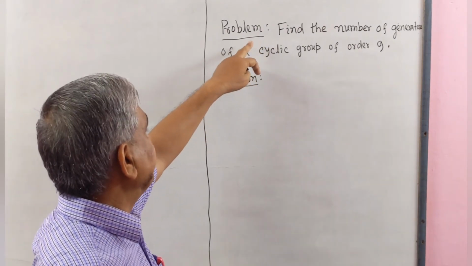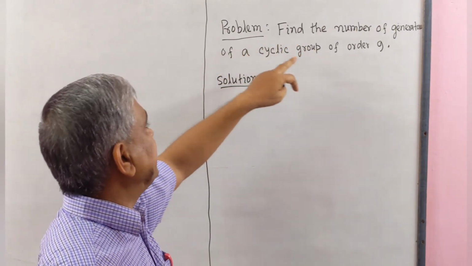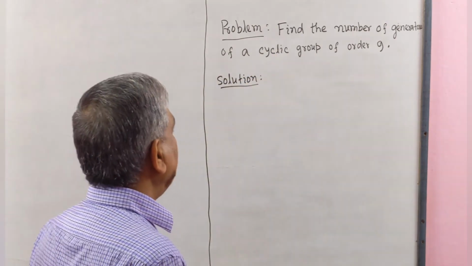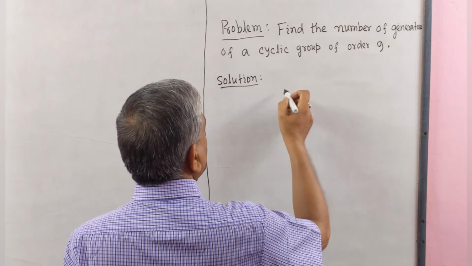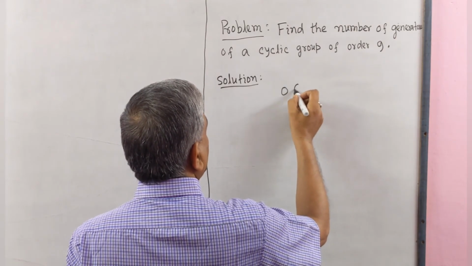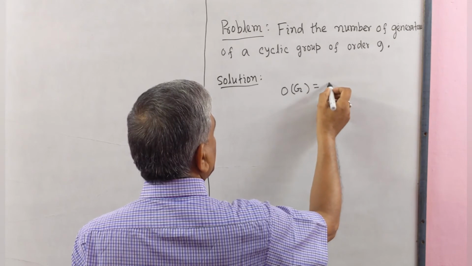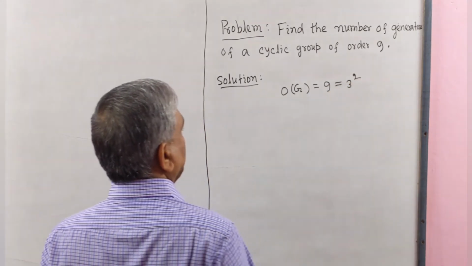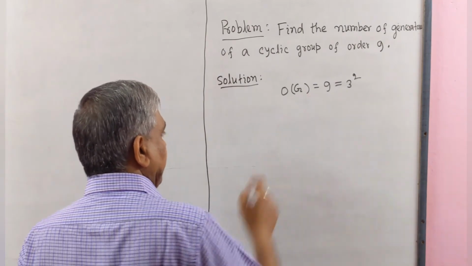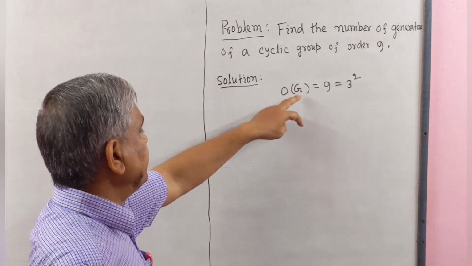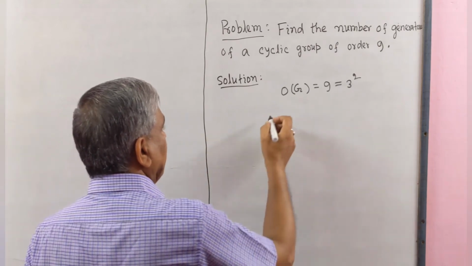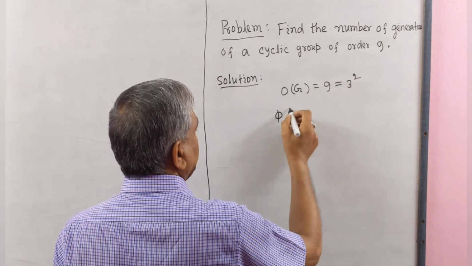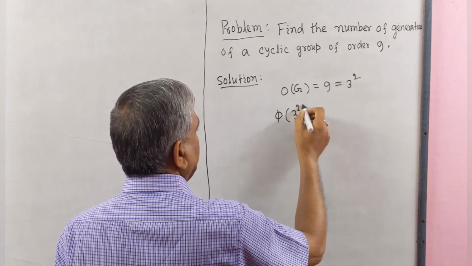Now we solve the next problem. Find the number of generators of a cyclic group of order 9. Let G be a cyclic group such that order of G equals 9. 9 means 3 square. Number of generators of the cyclic group is Euler's phi function of order of G, meaning 3 square.